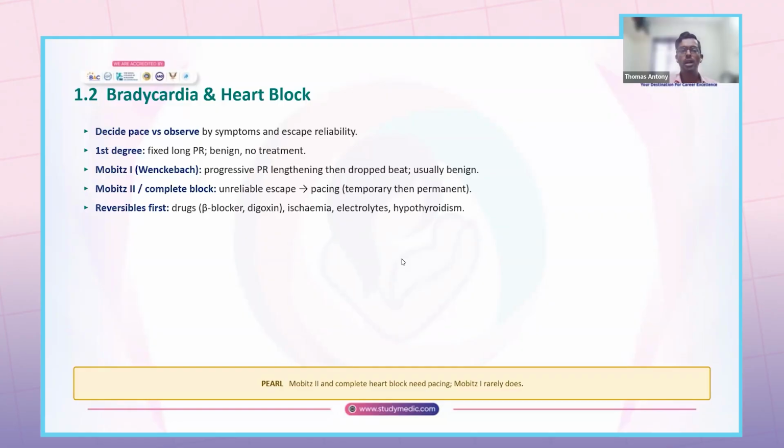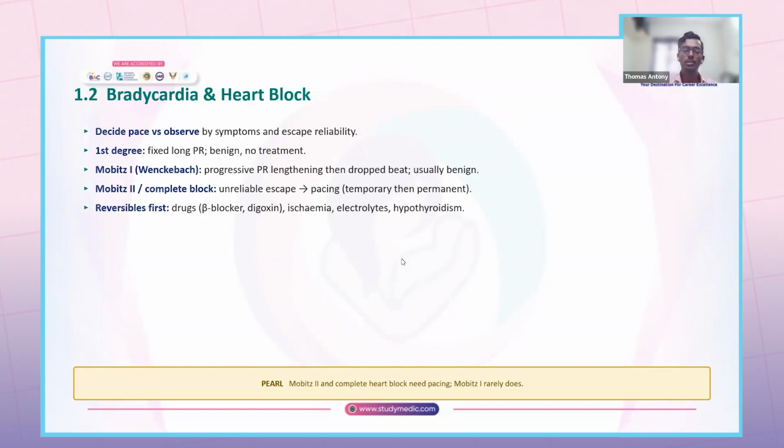So if we have a type 2, then we have an unreliable escape. Here the PR interval remains constant, so it is mostly similar to the first degree block. But suddenly a beat is dropped. This usually happens below the AV node, that means it could be in the bundle branches. So this is type 2.